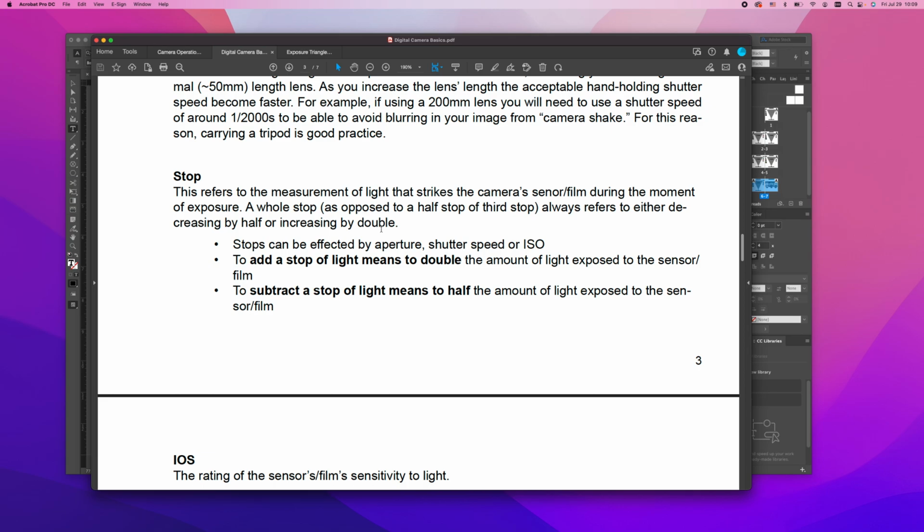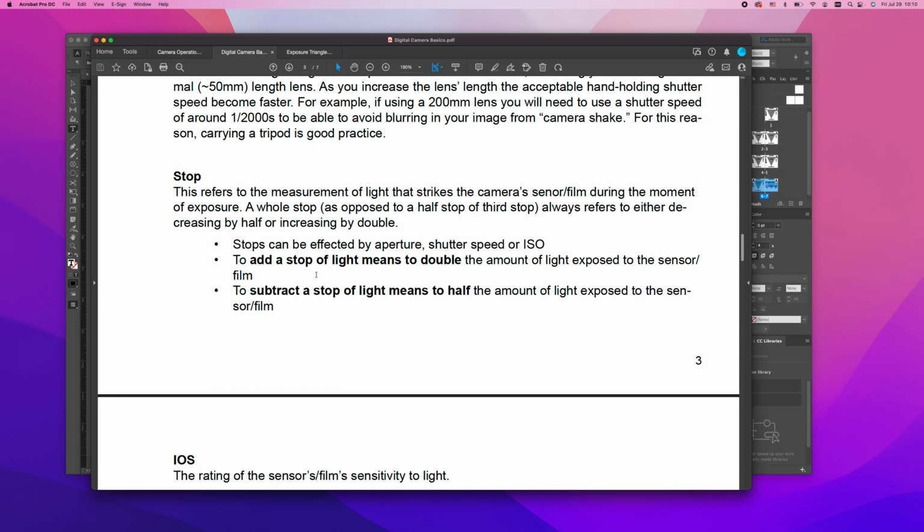So it just means what we're doing when we move our shutter speed or our aperture or our ISO independently. If you're changing just one of those during exposure, that is referred to as a stop. So again, it can be affected by aperture, shutter speed, or ISO. These are the components of your exposure as outlined in that exposure triangle on the other slide.